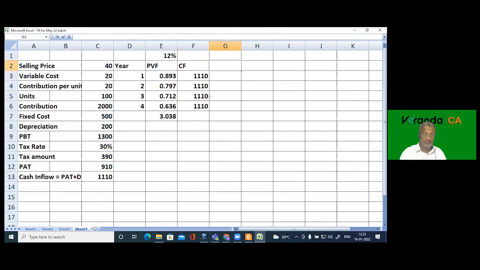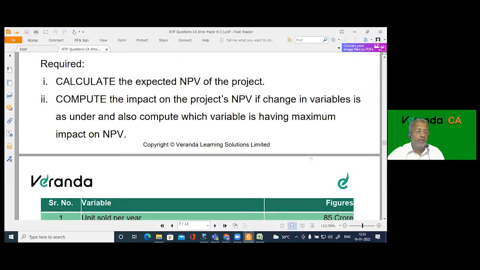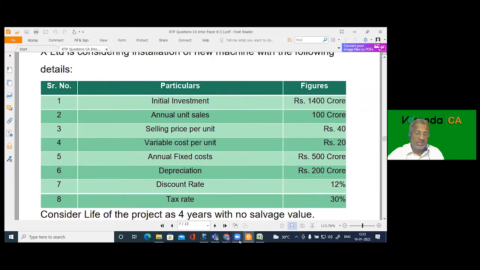PV of cash inflow. Discounted cash outflow. Discounted cash outflow is 1400.